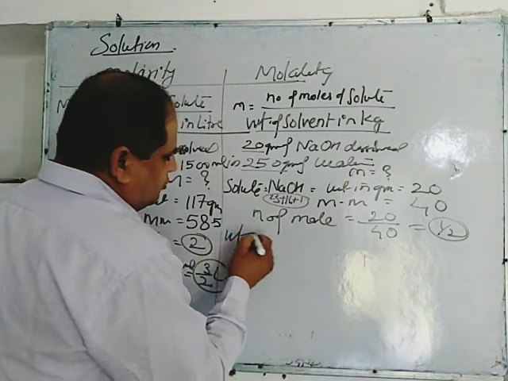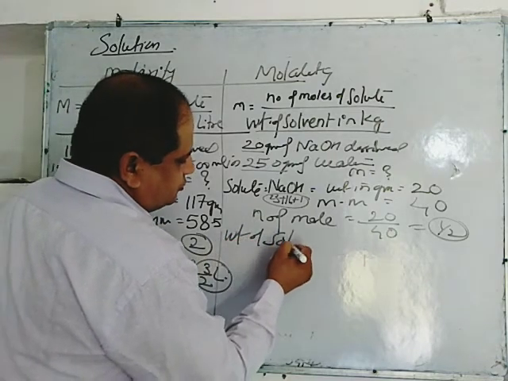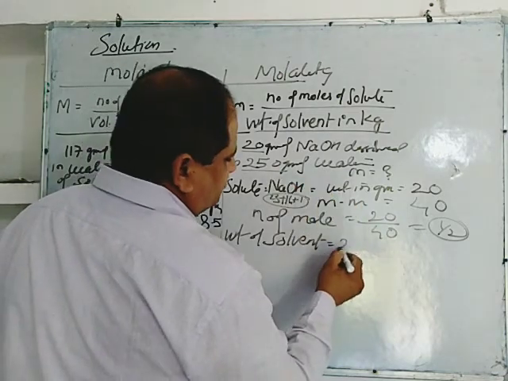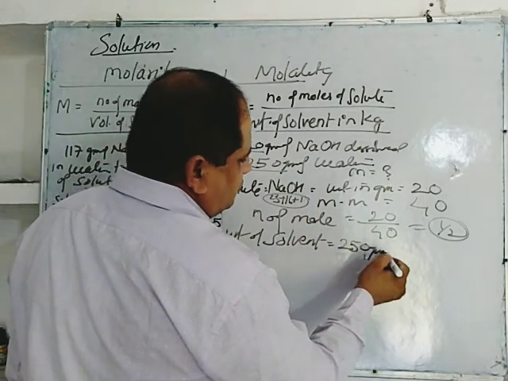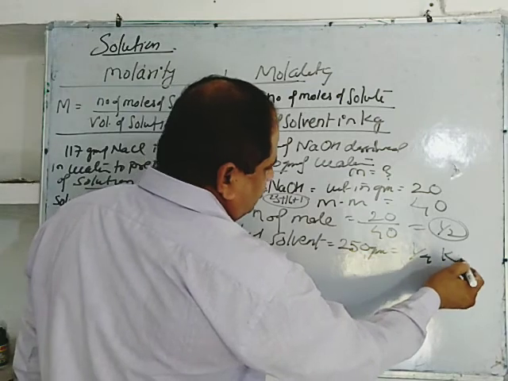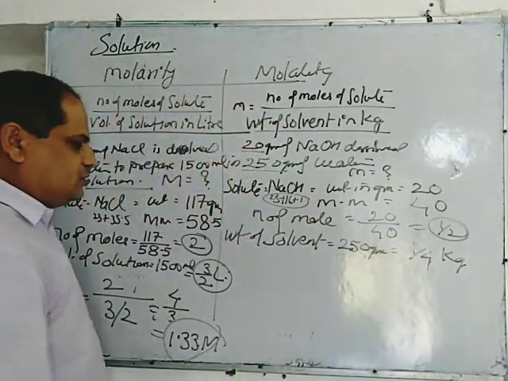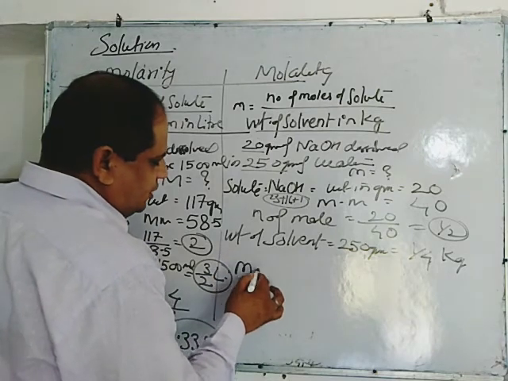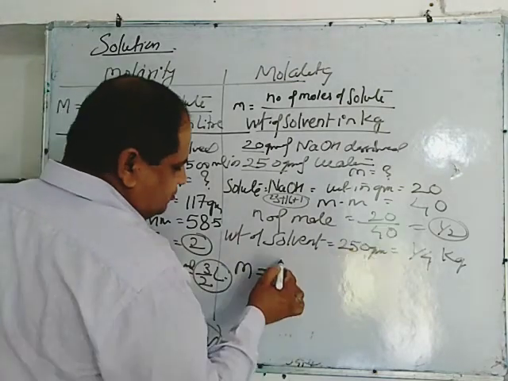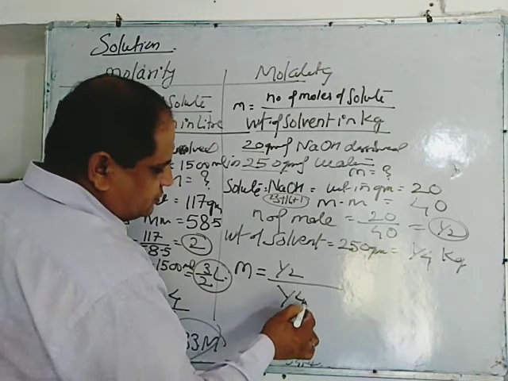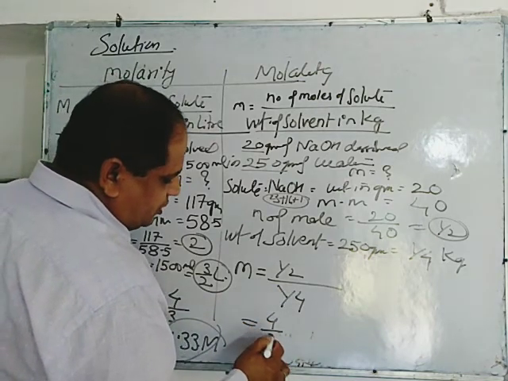Now weight of solvent is equal to 250 gram, means 1/4 kg. So molality equals number of moles of solute upon weight of solvent in kg. This is equal to 4/2.